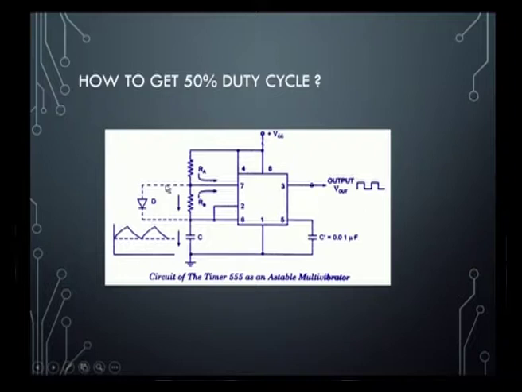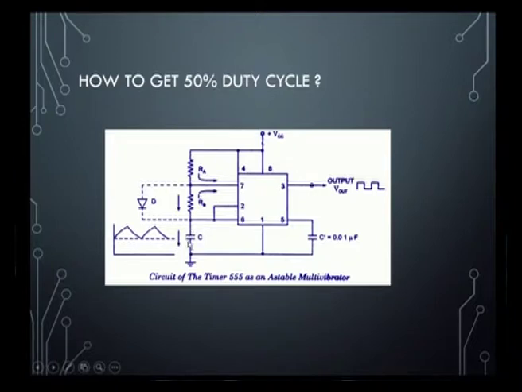Here we add an extra diode to the normal astable multivibrator using the 555 timer. That diode will help us in maintaining a 50% duty cycle, because during the charging time the current will flow through Ra and pin 7, and during the discharging time the current will flow through Rb and end up in the 7th pin.